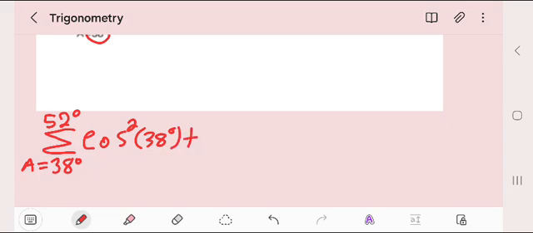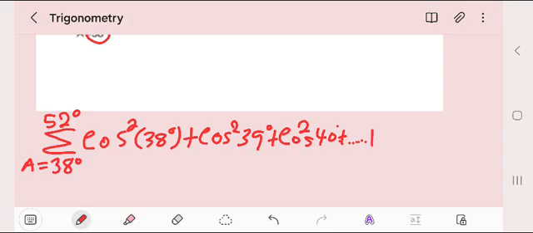Plus, remember this symbol represents a sum, you go cos squared 39, you increase by 1, and also plus cos squared 40 degrees. I cannot write all of these, so I'll represent them with dots, which show that there are values there.